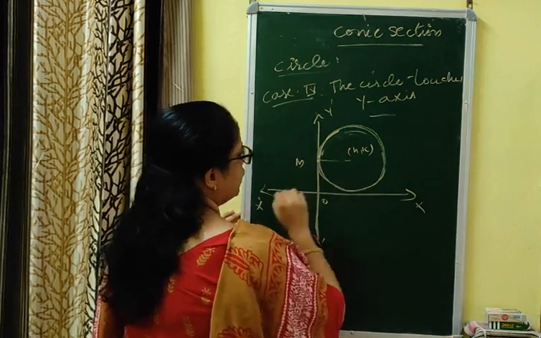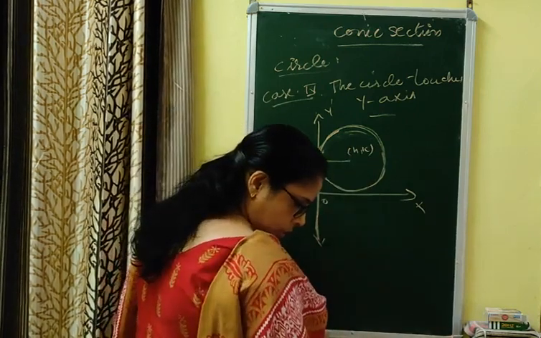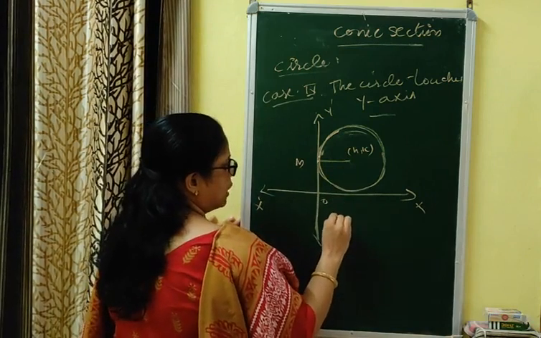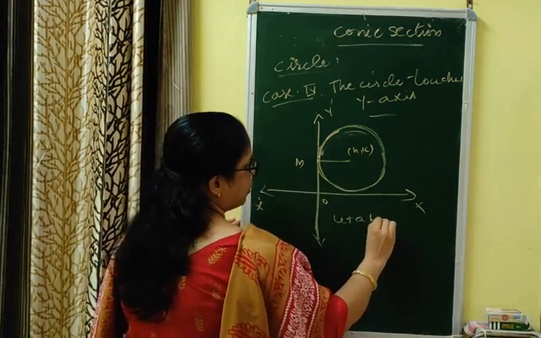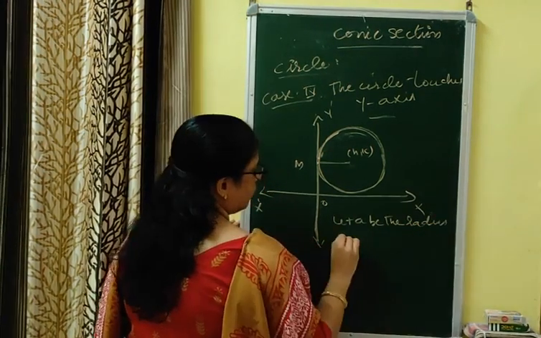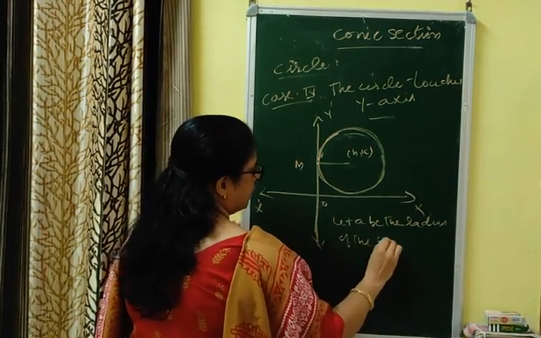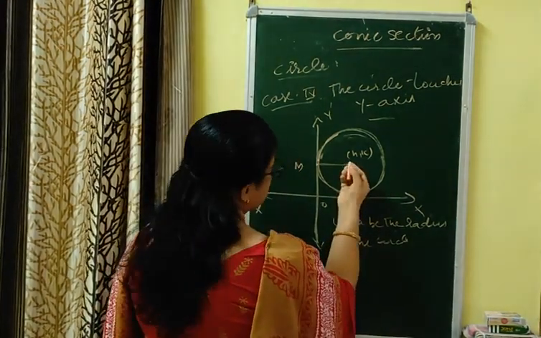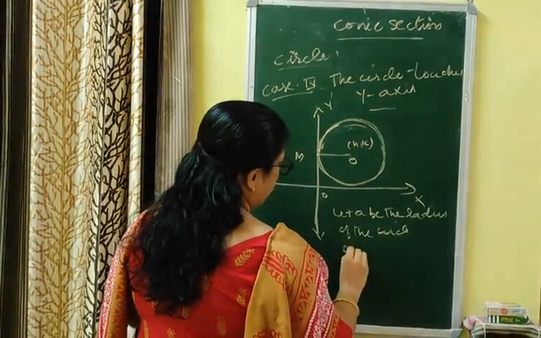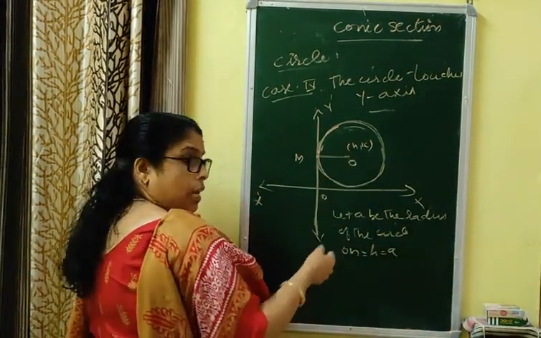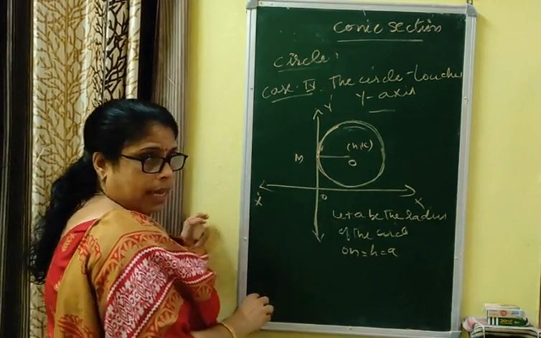Any point on the y-axis has x coordinate 0. Let a be the radius of the circle. Let the center be taken as C or O. Then OM is equal to h, which equals a. In the previous case, k was equal to a. In this case, h is equal to a.